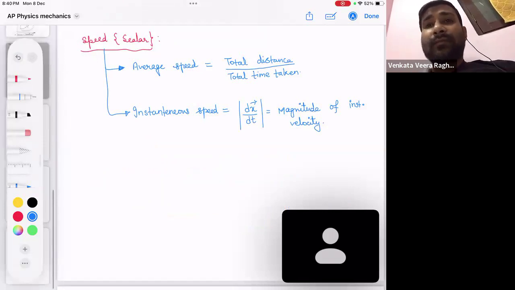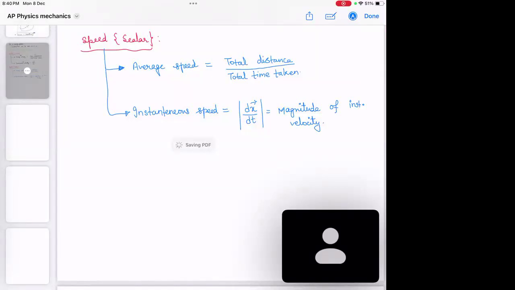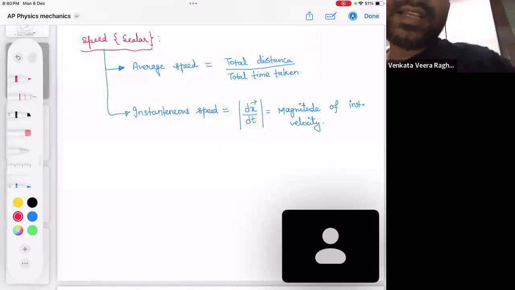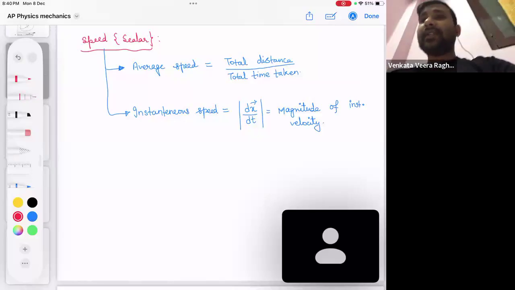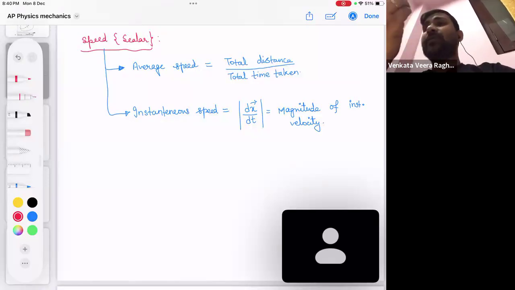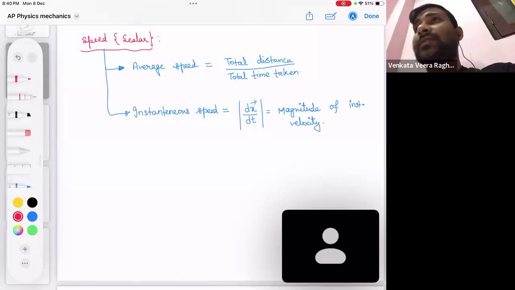Last thing. Tell me, what is the last thing we are going to define? Acceleration. So how many quantities do we have in the first kinematics chapter? Position. Position gives us an idea about the displacement. So we have two physical quantities, displacement and distance. One is scalar, one vector.